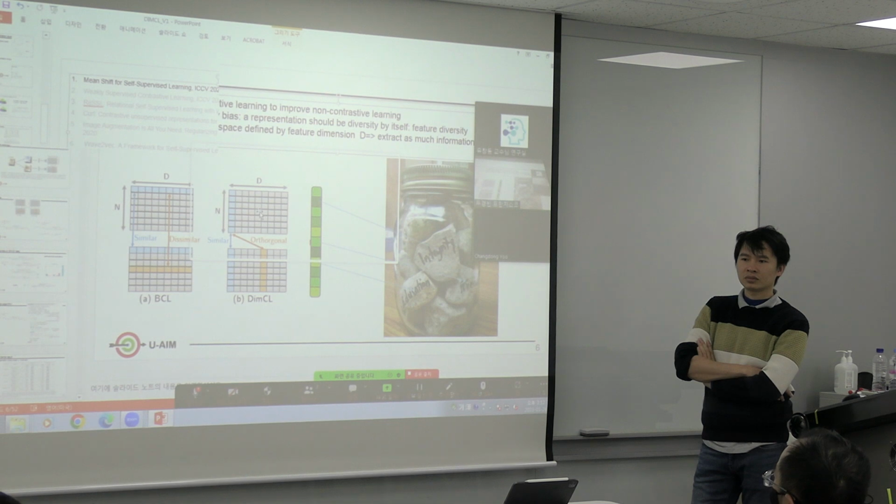The best type of representation should be able to reconstruct the original data.